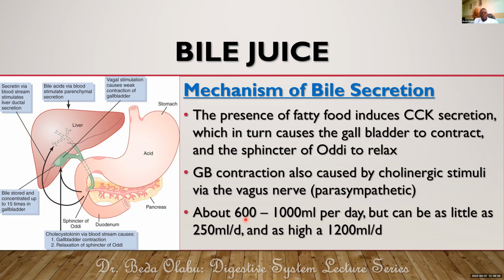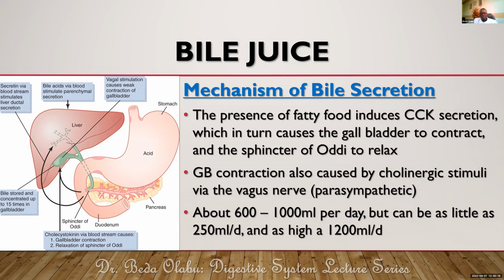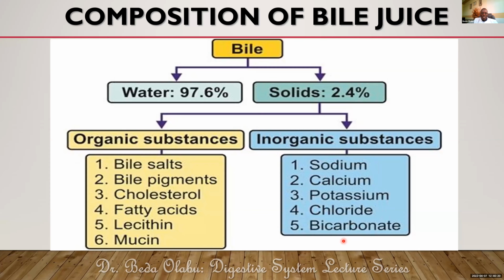We can produce about 600 to 1,000 ml of bile per day. That can also vary, depending on whether you're eating or not eating. And if you're eating, what are you eating? A fatty meal will make you produce more bile. Bile contains a lot of water.